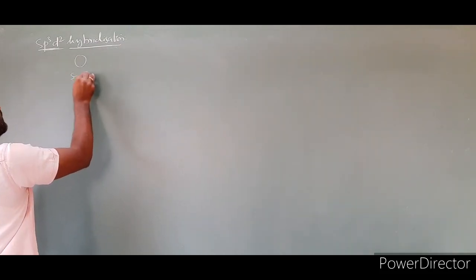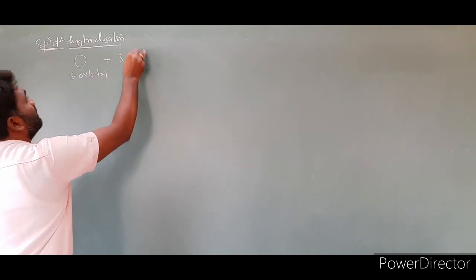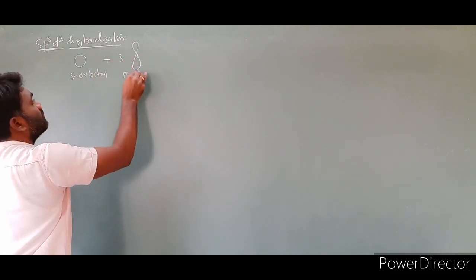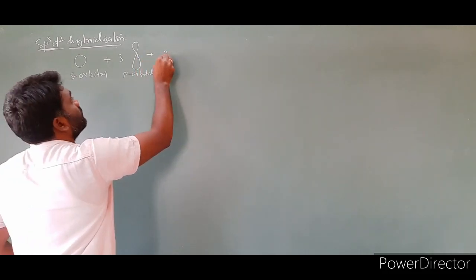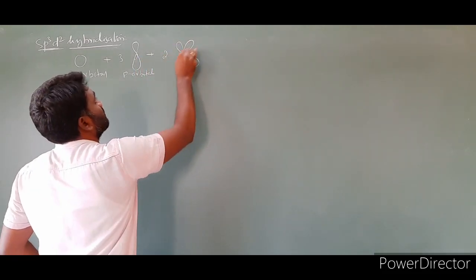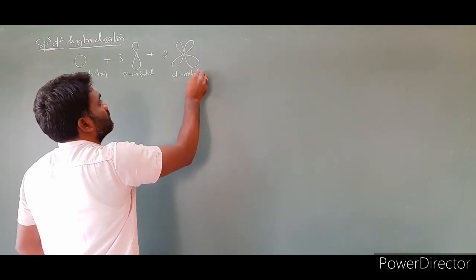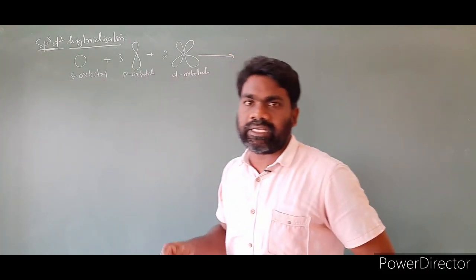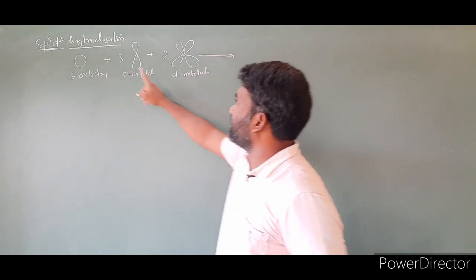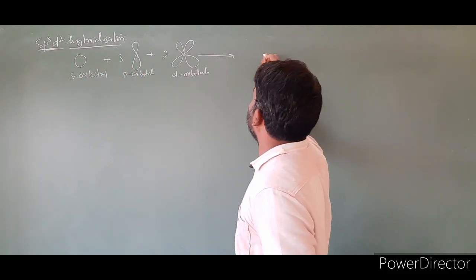Intermixing of one s orbital, 3 p orbitals and 2 d orbitals, resulting in the formation of how many sp3d2 hybrid orbitals? 1 plus 3 plus 2, total 6.